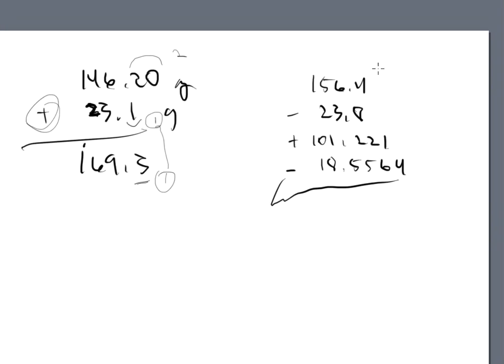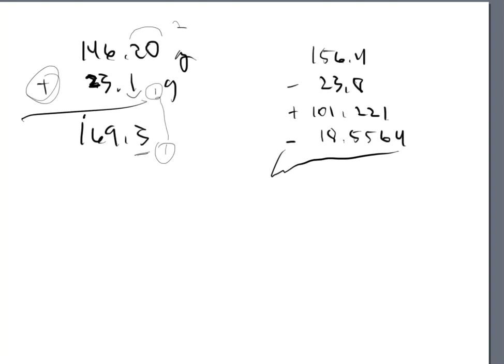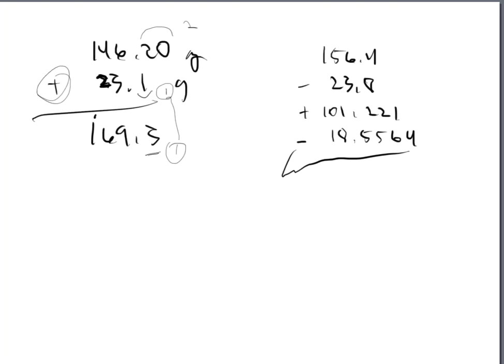I can do all of that. Doesn't make a difference. The order of operations actually tells me I can do this in whatever order I want to do it in. I'm just going to do it kind of as we go down the thing.